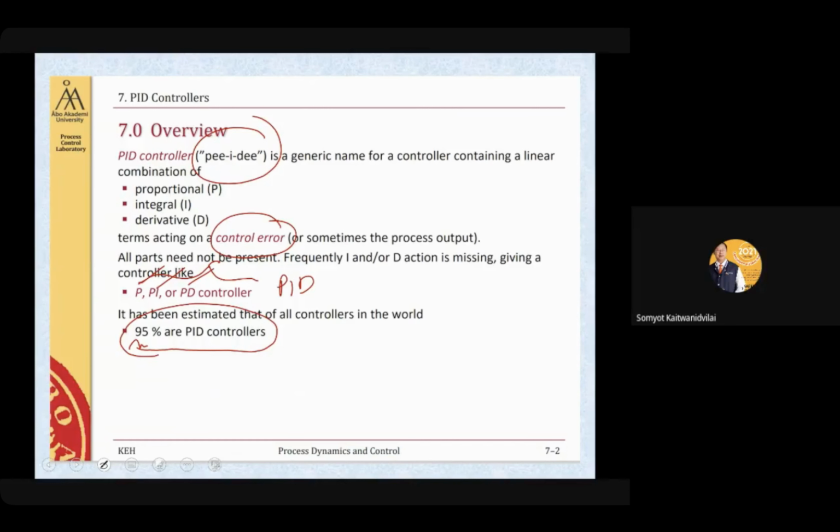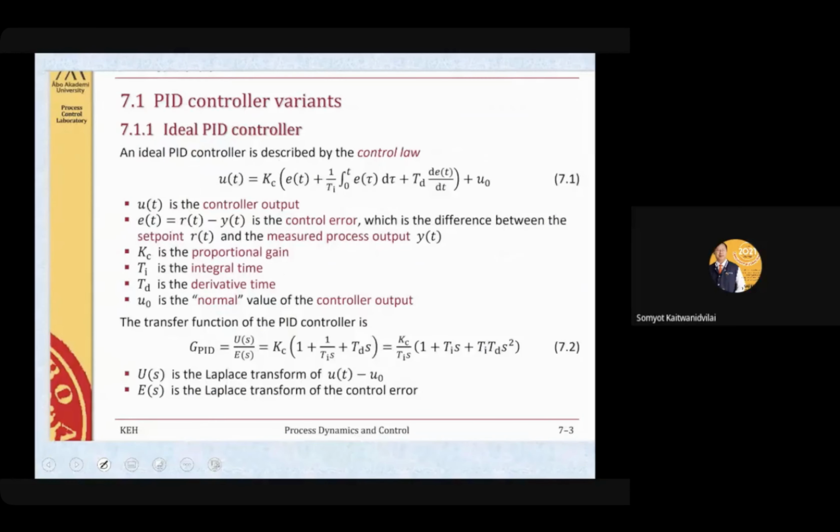And this is their structure in the control law: they have the proportional, integral, and differential parts. And this is the Laplace form: integral is 1 over s, differential is s.